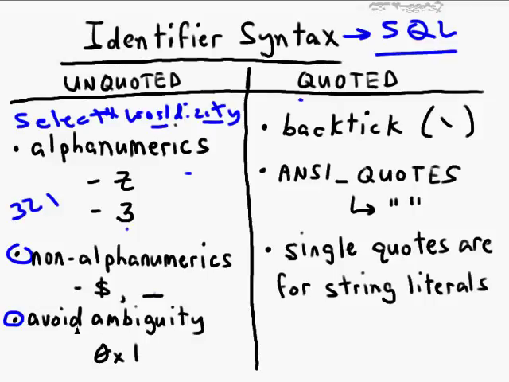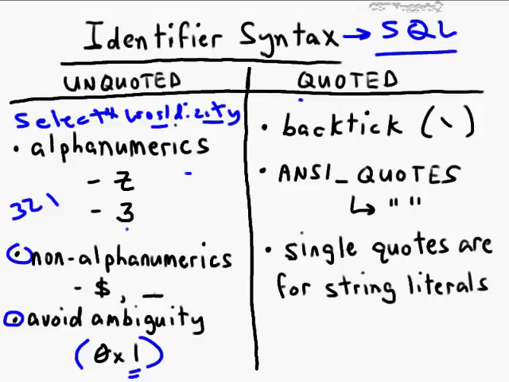Another aspect of ambiguity is if you're creating an object, and again, an identifier object can be a column in a table, a stored procedure, a function, anything like that, where it might have some other meaning in another context. Look here. 0x1 might be a nifty column name, but it also is traditional syntax for hexadecimal notation, 1 in hex.